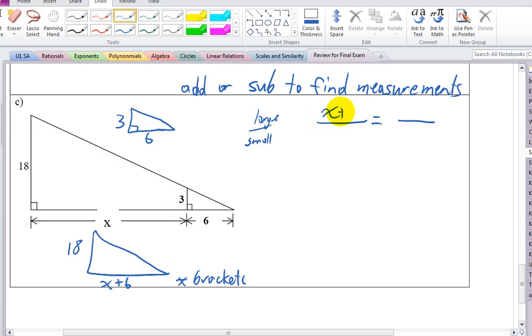Okay, x plus 6, 18. On the bottom, 3 and 6. Okay. So if I cross multiplied, I get 6 times x plus 6 equals 3 times 18. Okay. Now you didn't really need to cross multiply there, but sometimes you will, so that's why I'm showing it. Okay, so I'm showing a true cross multiplication.